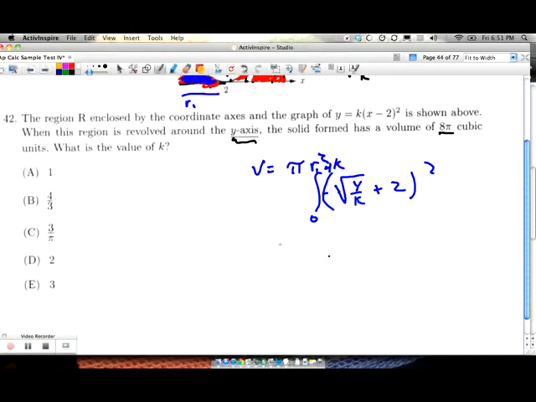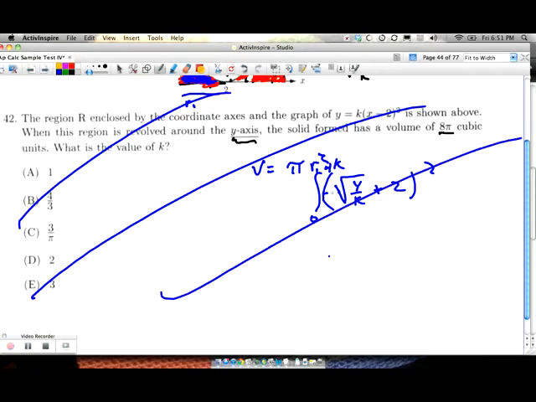With that in mind, I'm going to scratch this one. We'll skip this problem because that's actually a BC type topic. We don't use shells in here anymore. We're used to disks, which are pi big R squared, but shell method would be a lot easier in this case, which would be 2 pi r times the height, times the function.